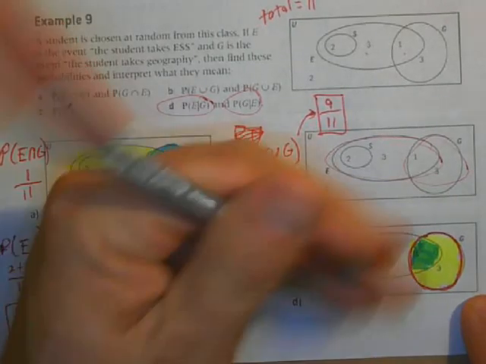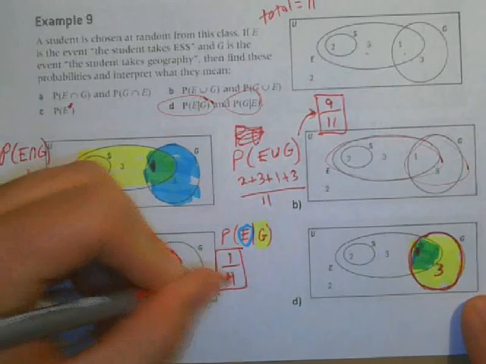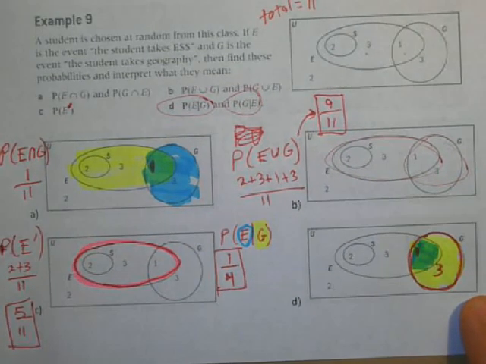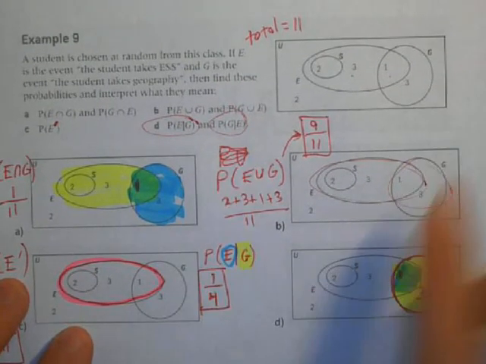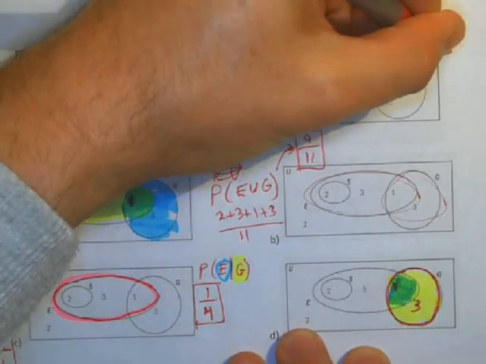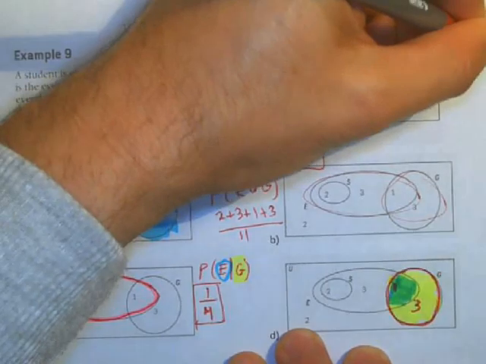We have a 1 here and a 3 here added together, which is why my denominator is 4 and not 11. If you have trouble with this, you might want to replay this to see how you're going to do. Now I'm going to do the other one up here because I've already colored this picture. In this example, I'm going to do the probability of G given E.